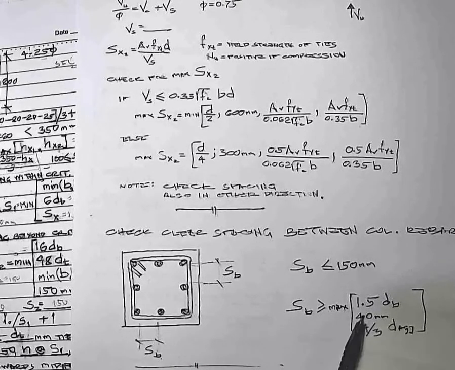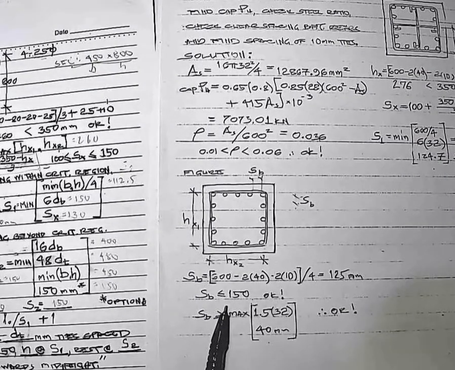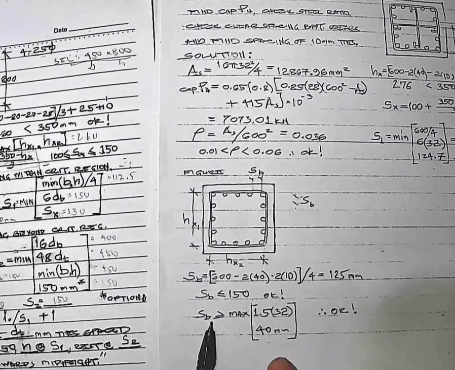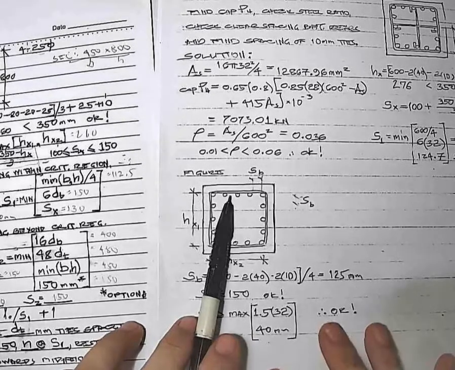Okay, so 1.5 diameter of bar, 40 mm, then 4/3 diameter of aggregate. So, dito nang galing yan. Okay, so S sub B maximum of 1.5 diameter bar and 40 mm. So therefore, okay ang ating spacing of bars.